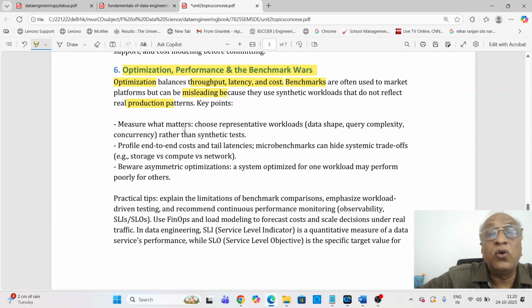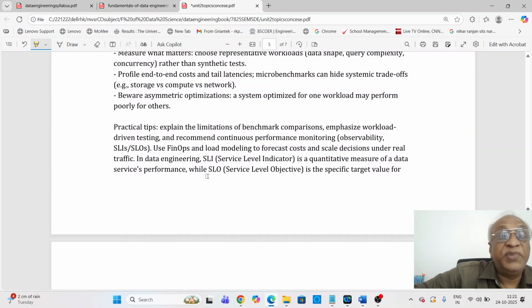So what you need to do is measure representative workloads instead of using synthetic tests. You need to identify micro benchmark trade-offs. You need to beware of asymmetric optimizations. Basically, you need to understand the gameplay of benchmark comparisons.